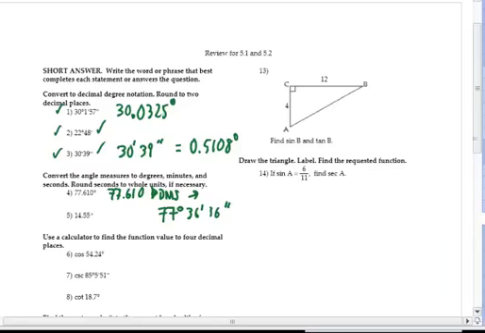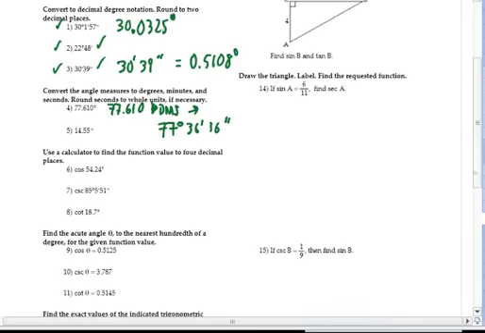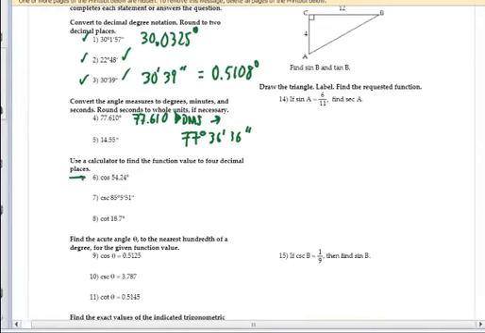Okay, moving right along. One of the harder parts of the lessons was how to evaluate trig functions, but the first one is pretty easy because you just have to use the cosine function.